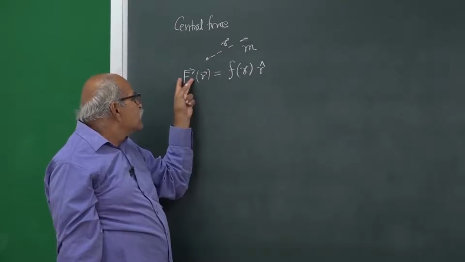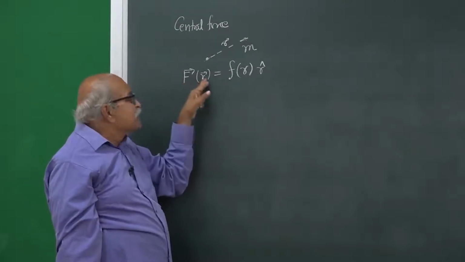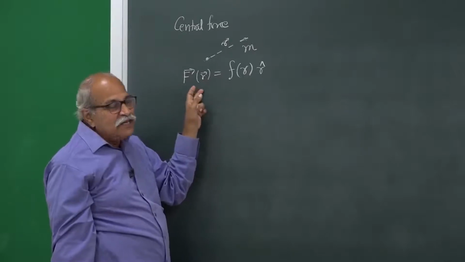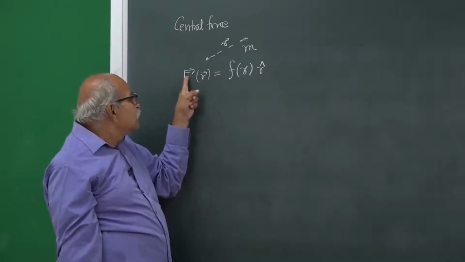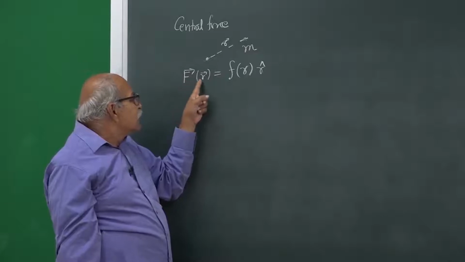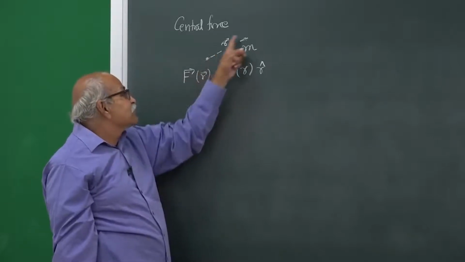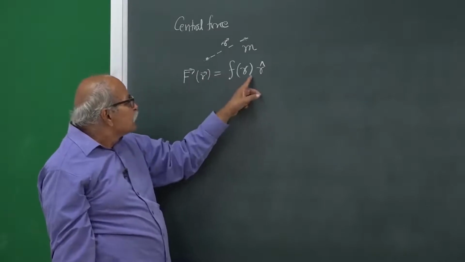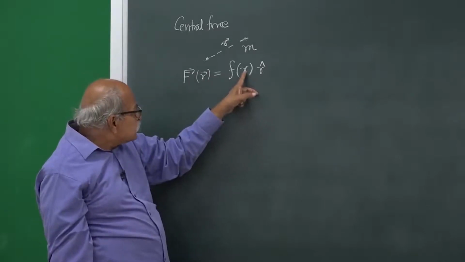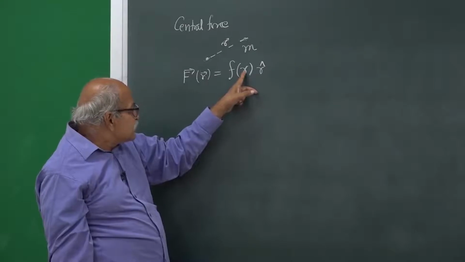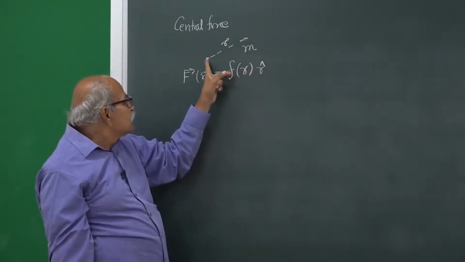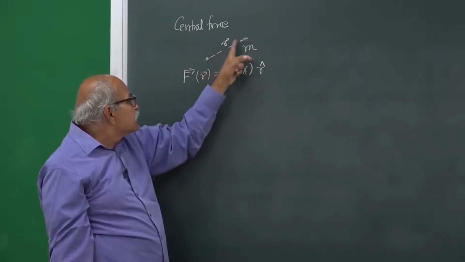Force on the particle when it is at that position, that is our left hand side. And what is the right hand side? It is the distance of the particle at that instant from the origin. Here is the particle, here is the origin, and this is the distance, and that distance is r.